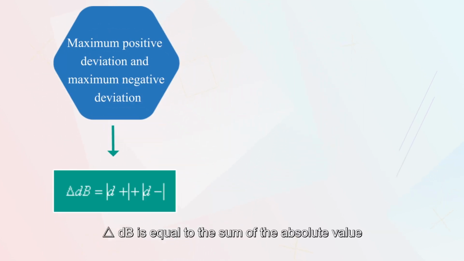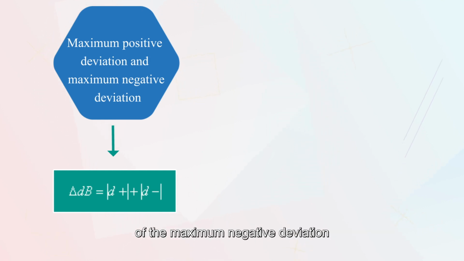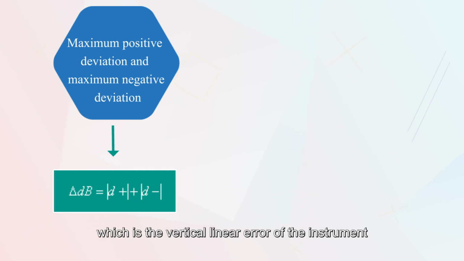Delta L is equal to the sum of the absolute value of the maximum positive deviation plus the absolute value of the maximum negative deviation, which is the vertical linearity error of the instrument.